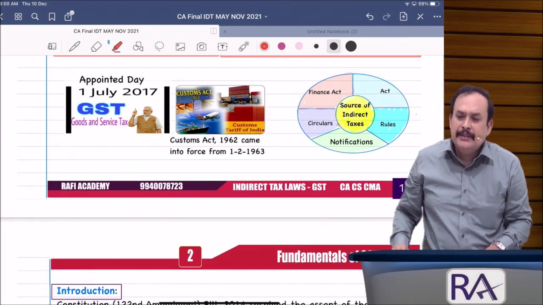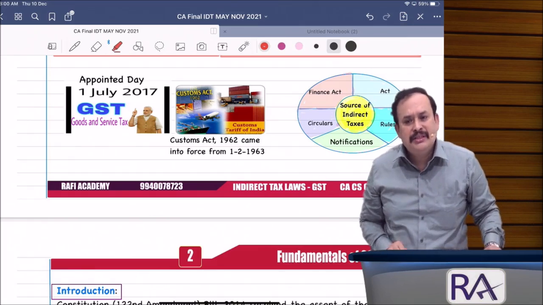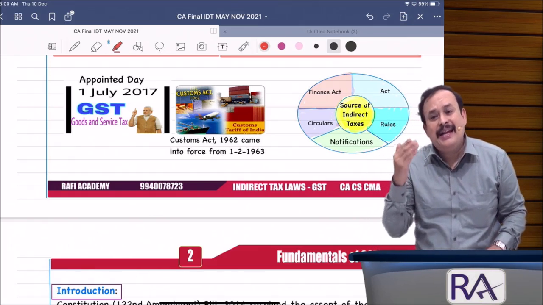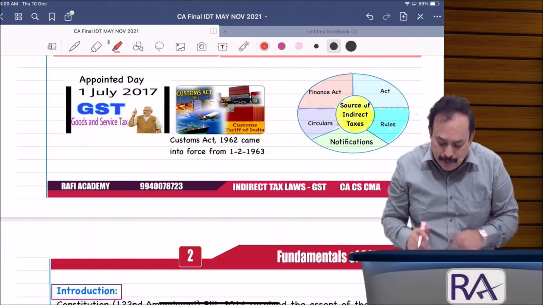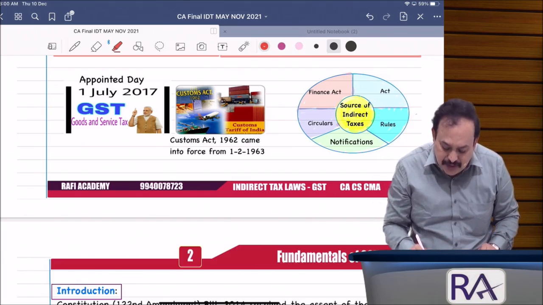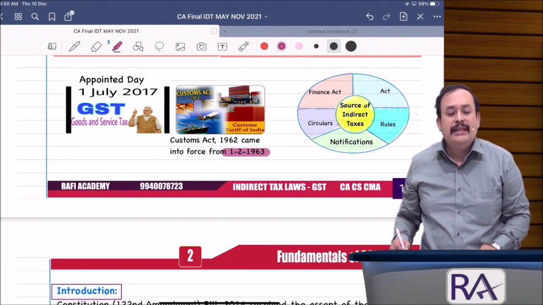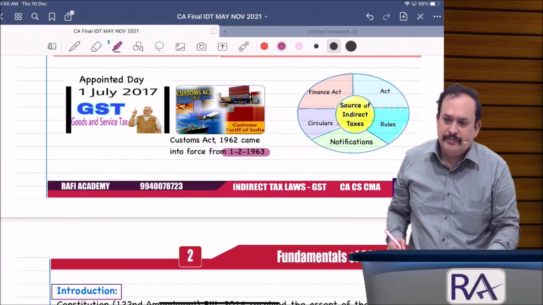Now, when you refer to the Customs Act, it was enacted in 1962, but implemented with effect from 1st February 1963. You get my point, sir?